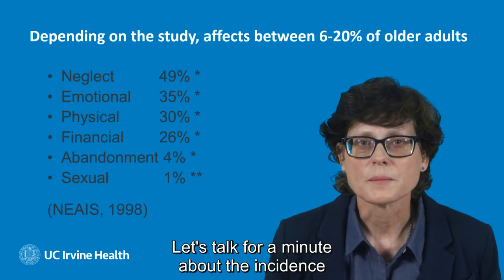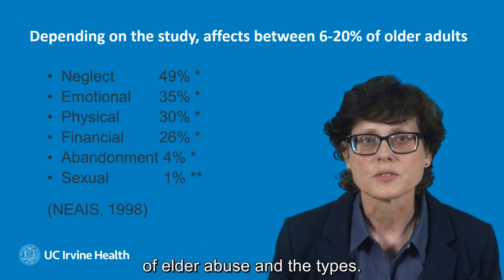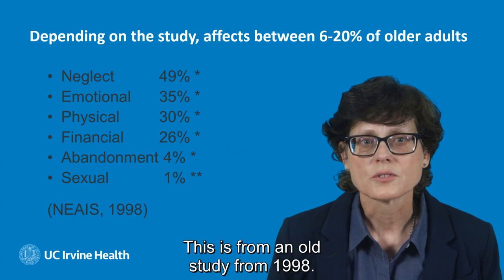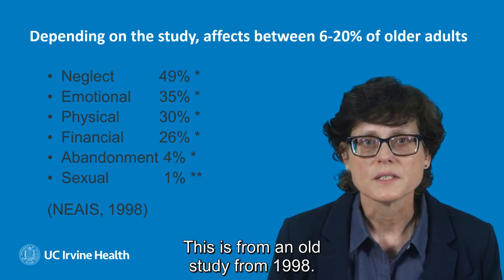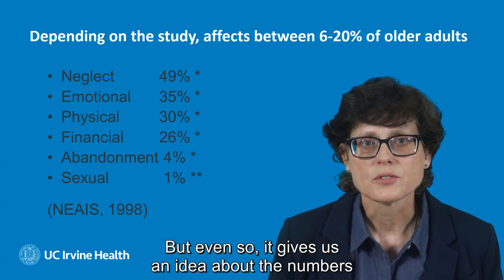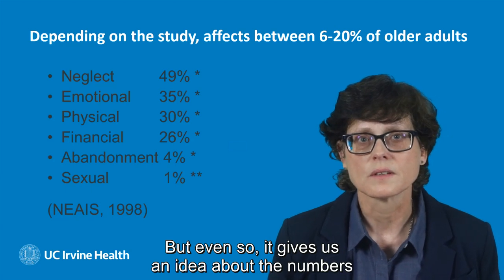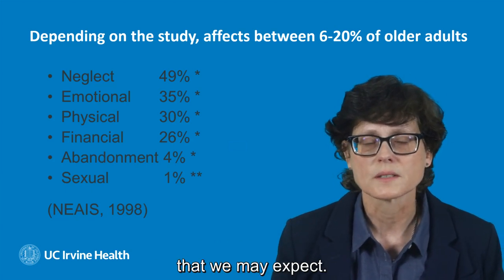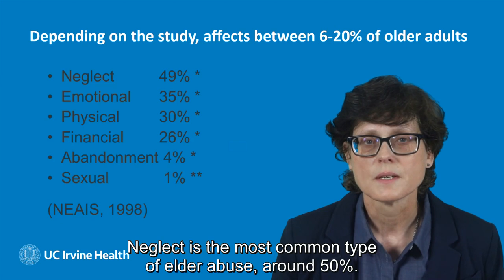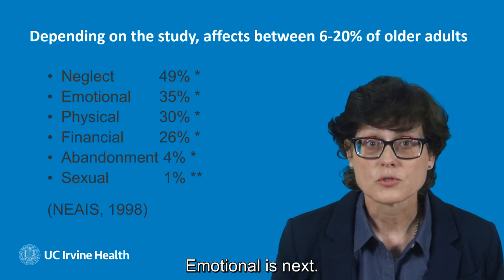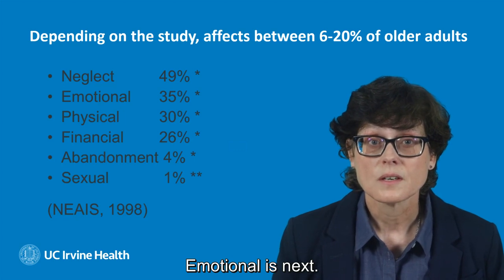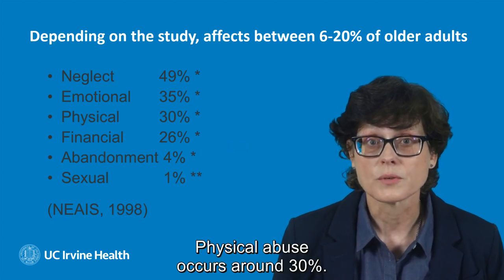Let's talk for a minute about the incidence of elder abuse and the types. This is from an old study from 1998, but even so, it gives us an idea about the numbers that we may expect. Neglect is the most common type of elder abuse, around 50%. Emotional is next. Physical abuse occurs around 30%.